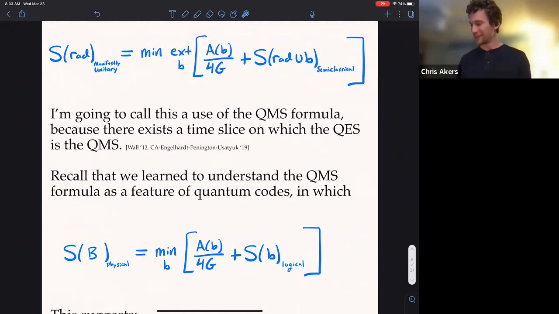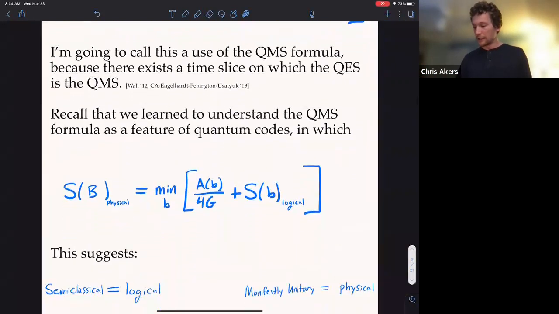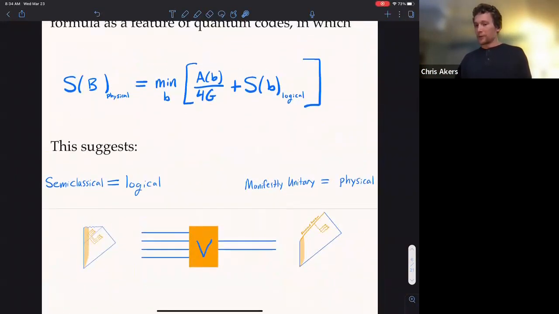That's the motivation. So the theorem said where there's quantum minimal surfaces, there's quantum error correction, and vice versa. And now we're just noticing that in these Page curve calculations, there was a quantum extremal surface formula. And so now we're saying, perhaps we should understand there being quantum error correction here. And one side should be the physical Hilbert space and one side should be the logical Hilbert space. So to really write that out in pictures.